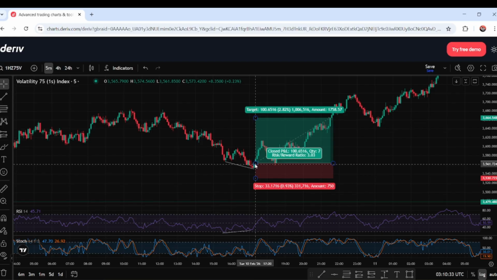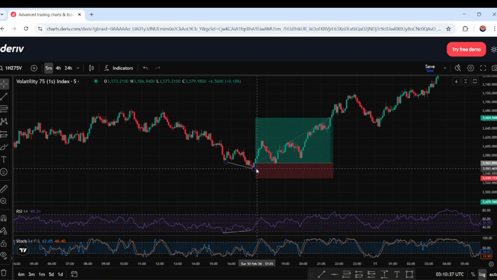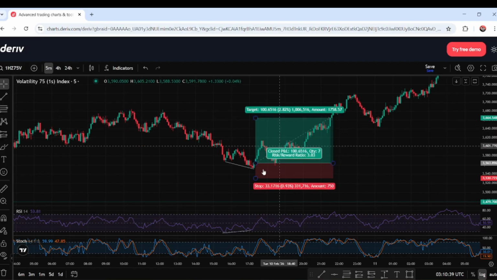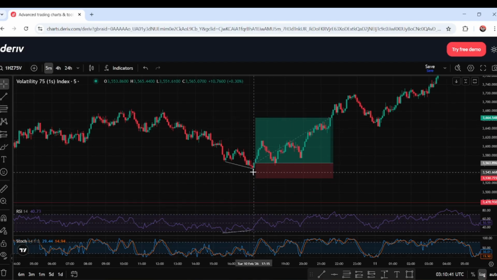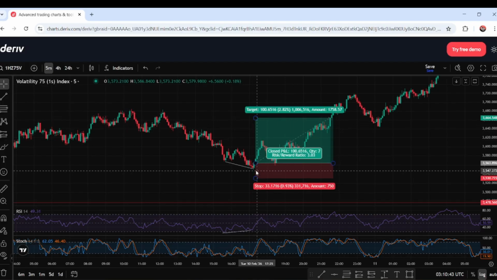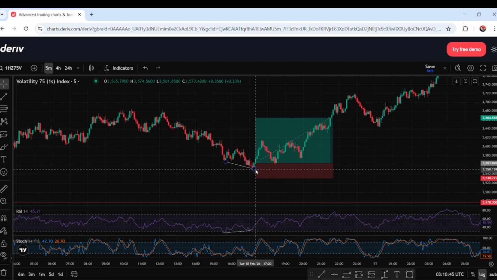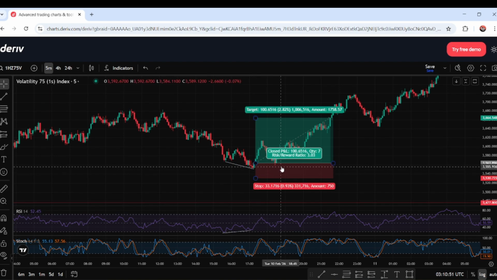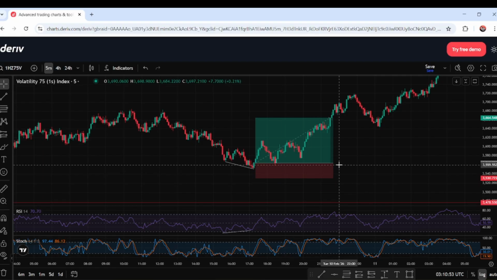So this is it. All you need to do is point from the last low or the last high, then you get a times 3 from it, from the low or your high. That's how you get your stop loss placement.